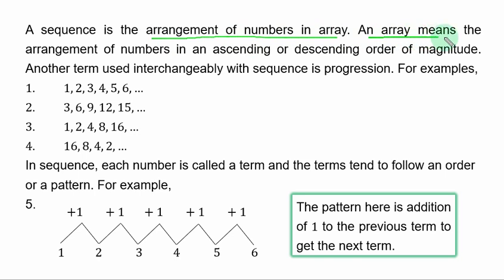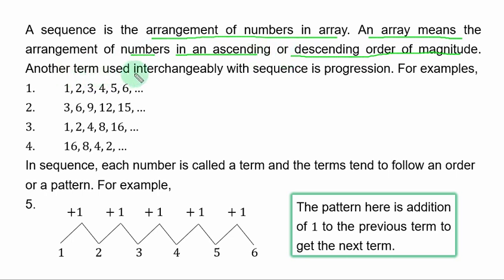An array means the arrangement of numbers in an ascending or descending order of magnitude. When numbers are arranged following ascending or descending order, the numbers are said to be in sequential order.